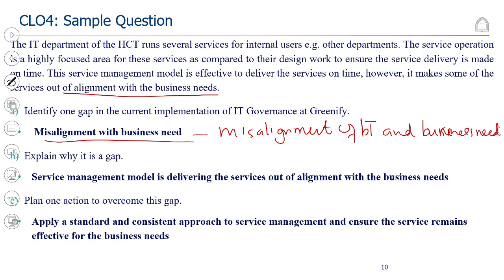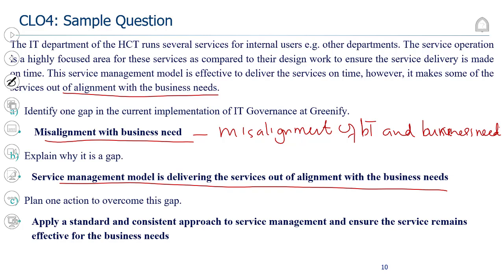Okay, the two are not aligned. Explain why. Because the answer is there. Because the service management model is delivering services which are out of alignment with the business needs. It's there. They have this service delivery model that is making things not aligned. So that is why it is a gap.